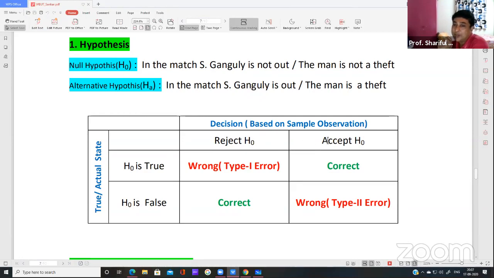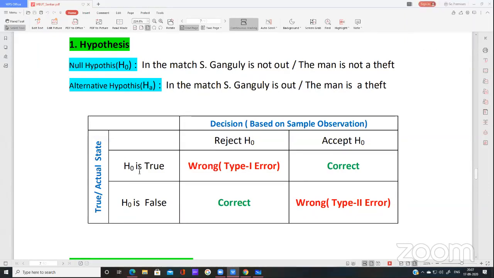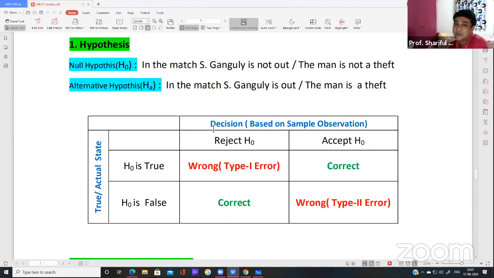Now, according to the judgment system, the judge gives some opinion. It is either reject H0 or accept H0. Only these two decisions can happen. Now, suppose the true state is that H0 is true, but somehow the judge gives the decision to reject H0.